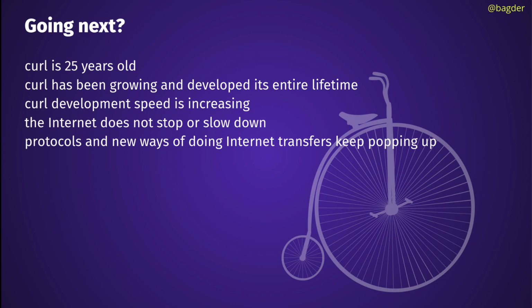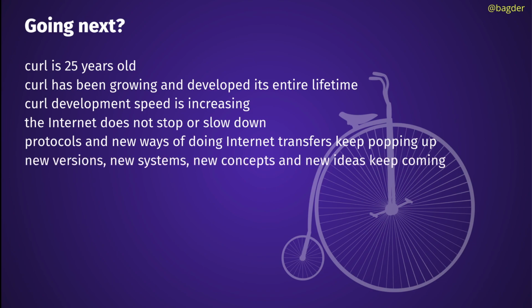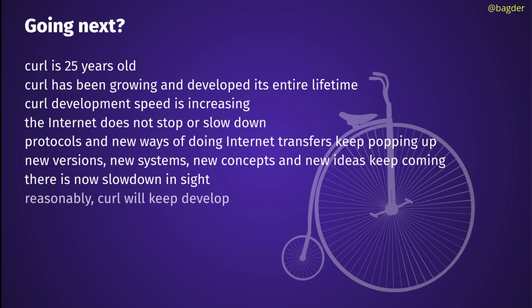Because protocols and new ways of doing things change all the time. New versions, systems, concepts, everything changes. There's no slowdown in general internet development, or anything in the world. Things typically don't slow down. Things keep moving. So we have to keep up and keep moving with everything around us.